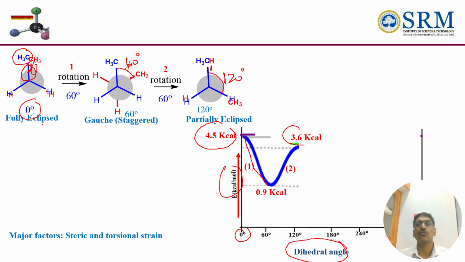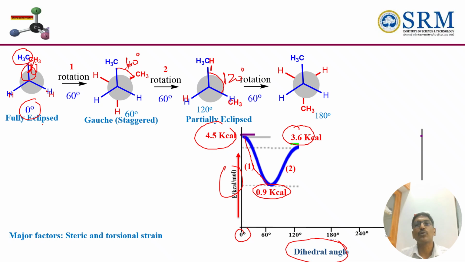It gives 3.6 kilocalorie compared to the gauche. This is because at 120, one methyl group eclipses the hydrogen on the adjacent carbon. Torsional strain from the eclipsing bond combines with the moderate steric strain, producing a local energy maximum. The molecule passes through this state very quickly.